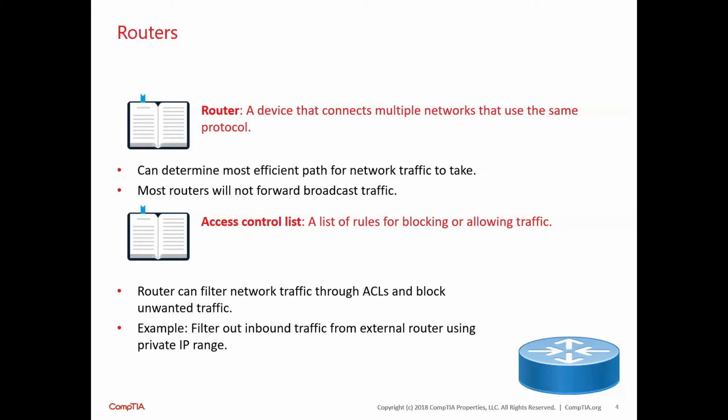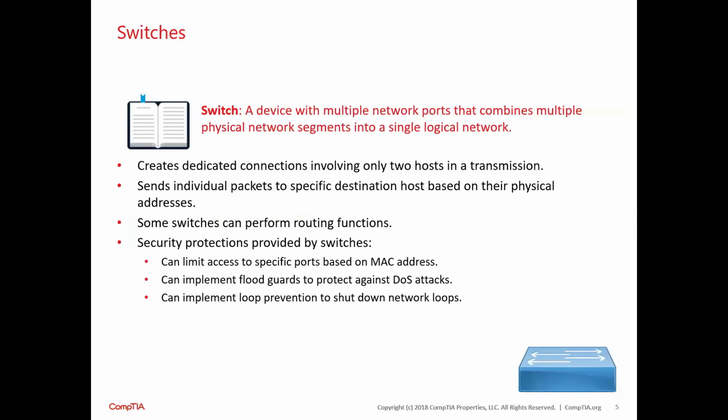And then we have the access control list, which can be implemented on your router to block or allow the traffic. This is called ACL. You can configure your router to use the ACL. It will allow you to filter inbound or outbound traffic depending on your rules.